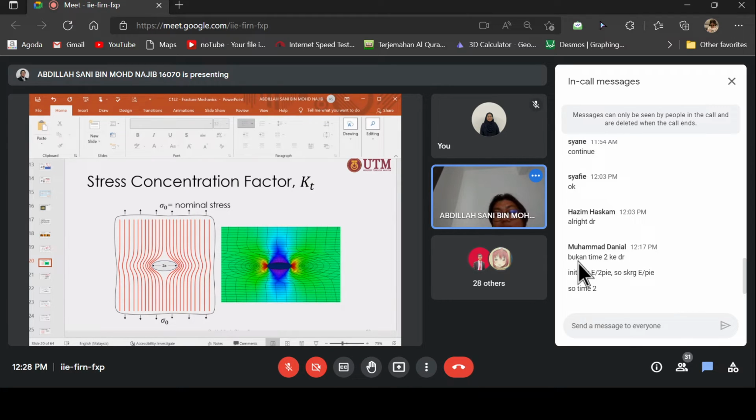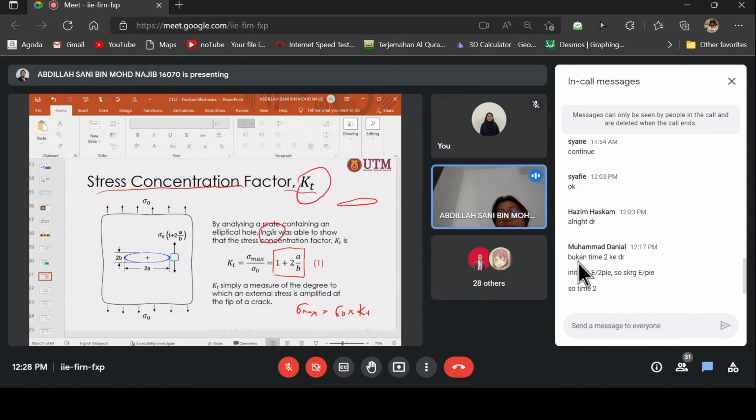So if you want the max, you simply multiply the nominal stress that you apply by the stress concentration factor, and you get the stress at the tip. And it is given by English.